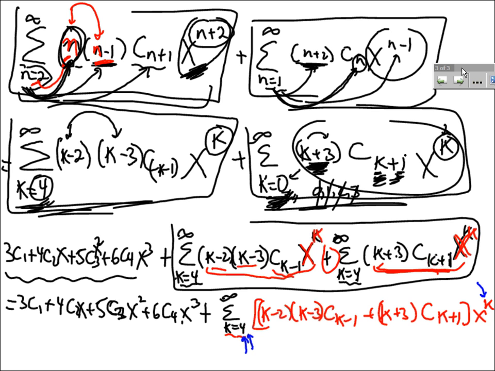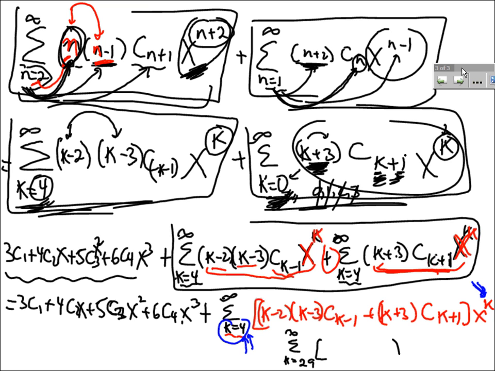Remember, that power must start at 4. After all, when k is 4, that power would be 4. So if I wanted for some strange reason to start at 29, k goes from 29 to infinity.